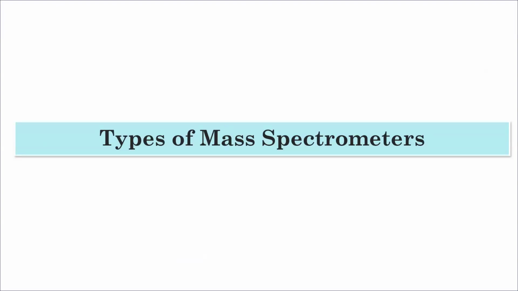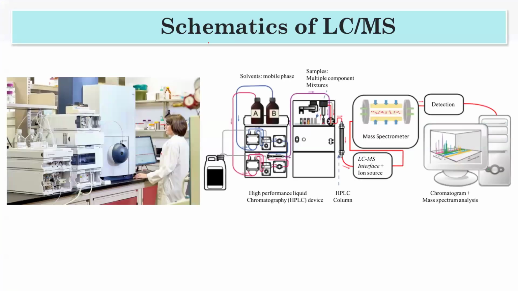Now let's move to another topic, types of mass spectrometers. There is a variety of different instruments. For example, here I have shown this LCMS.